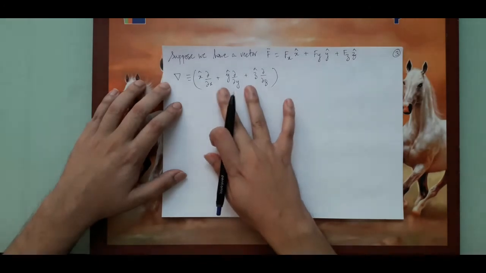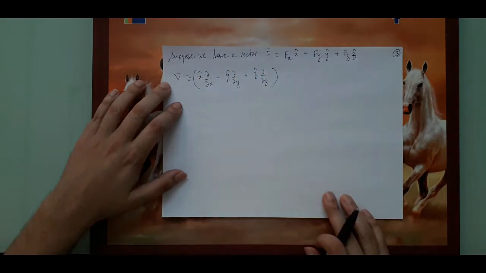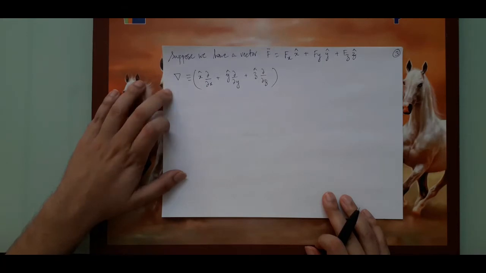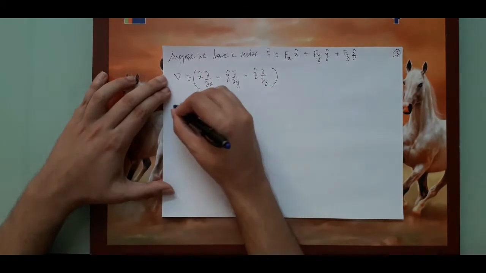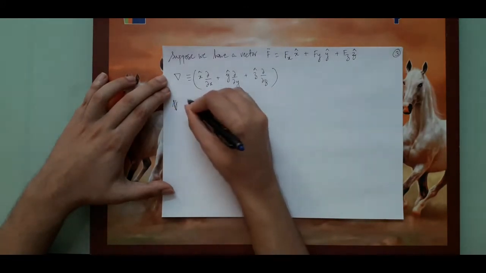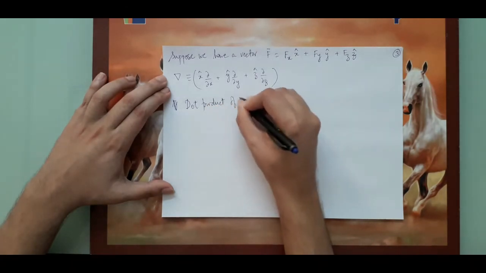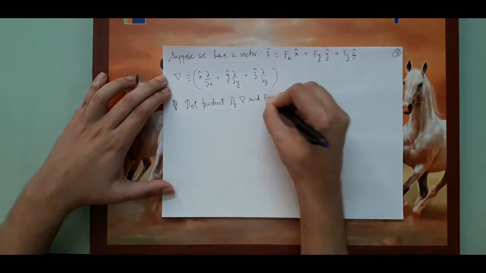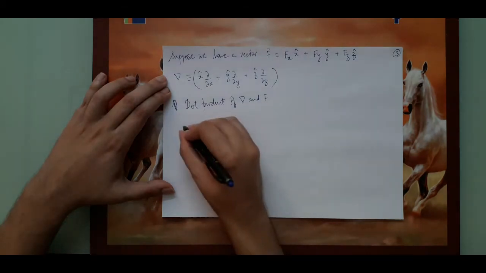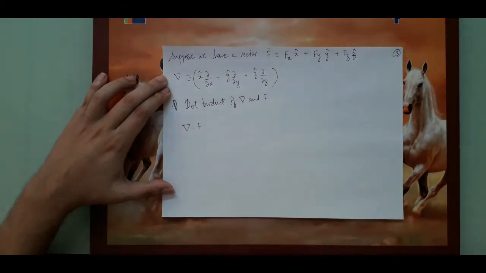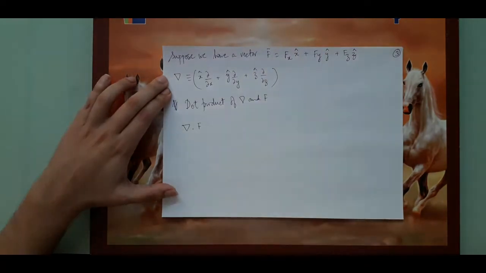If you apply this in the multiplication form, you can have 2 forms of multiplication of vectors: one is the dot product, the other is the cross product. Let us first see the dot product. So I can write del dot f, the dot product of these 2.